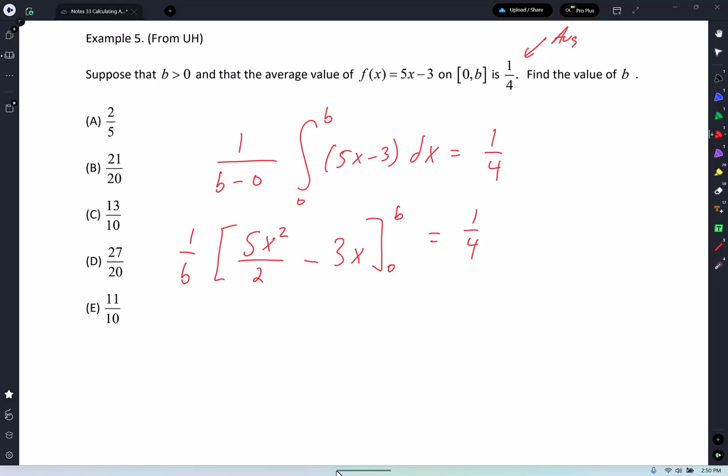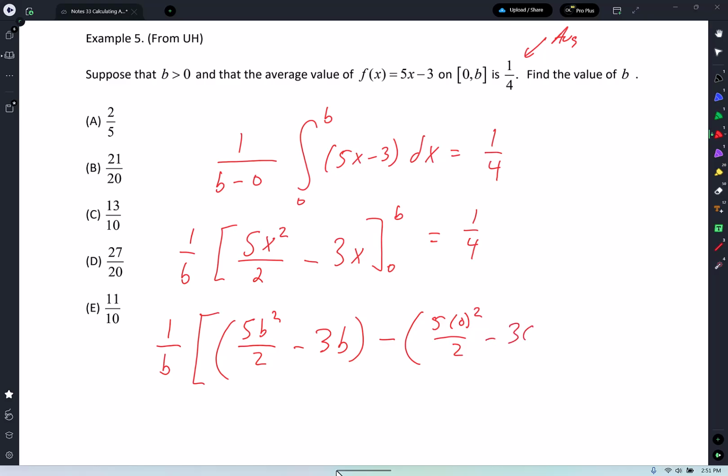I'm going to do upper minus lower. So here it is. I'm going to go slow, guys. 1 over b, giant bracket, big parenthesis. I'm going to do the upper first. 5b squared over 2 minus 3b, close parenthesis. And I guess you don't have to do the 0 one, but I'm going to do it just to make sure that you guys understand I'm doing upper minus lower. 5 times 0 squared over 2 minus 3 times 0, close parenthesis, close bracket.